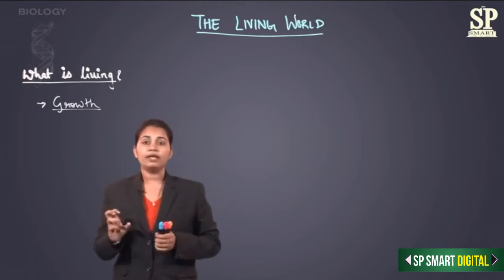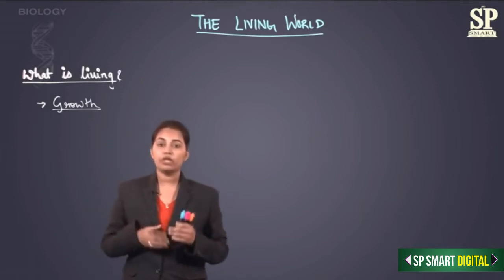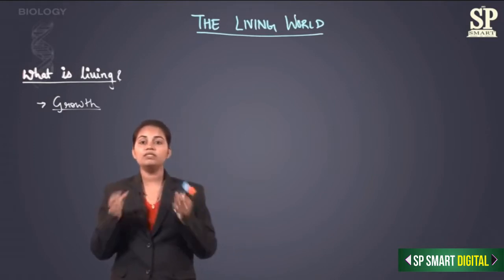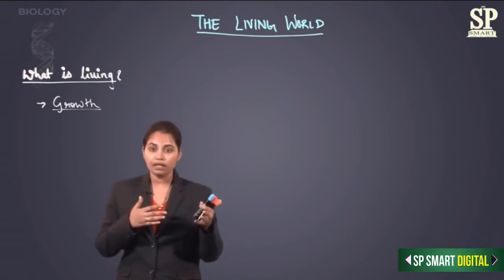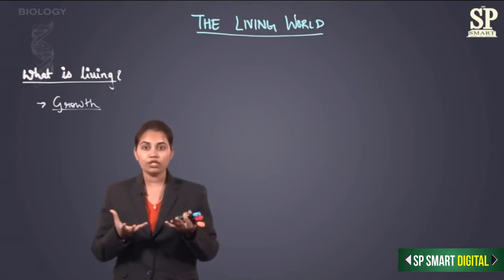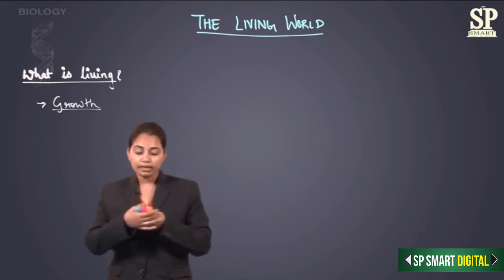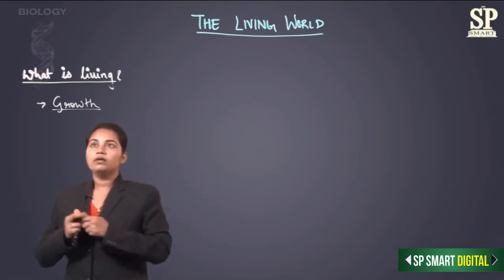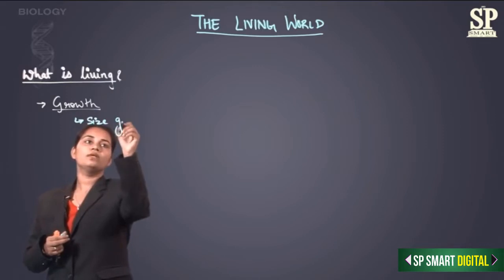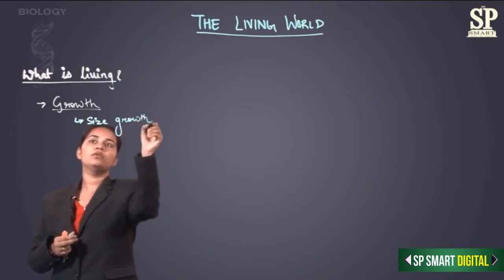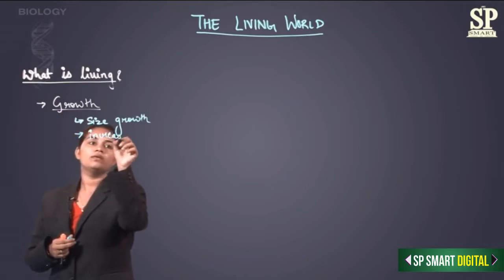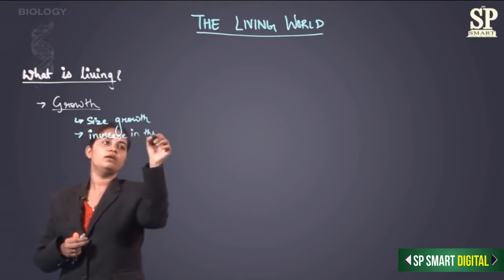And I can relate this growth with reproduction also, right? When I say growth in numbers, it means the organism is increasing in numbers, which means the organism is reproducing itself or increasing its population, right? So growth can be an increase in size, or an increase in number.